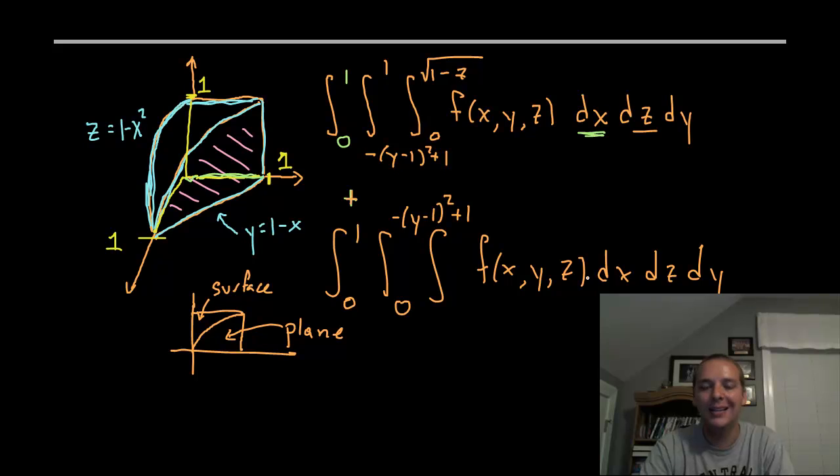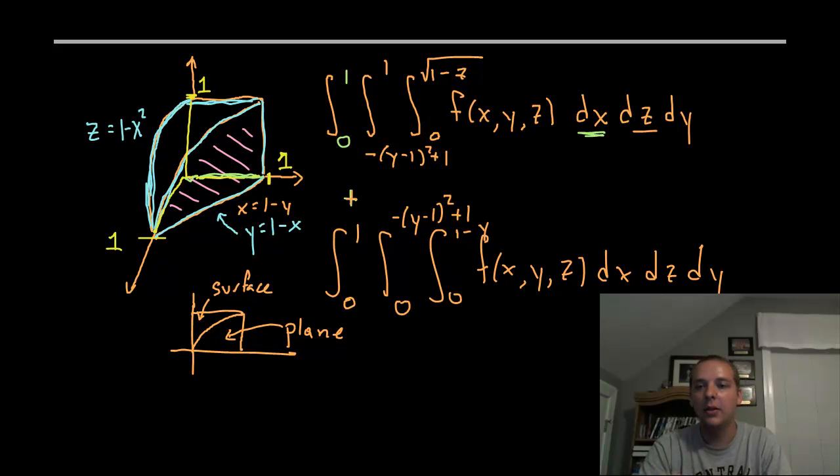And then the x's will go from the yz plane out towards us until we get to the plane, which is 1 minus x. But I can't say 1 minus x. I'll write x equals 1 minus y. So there we go.